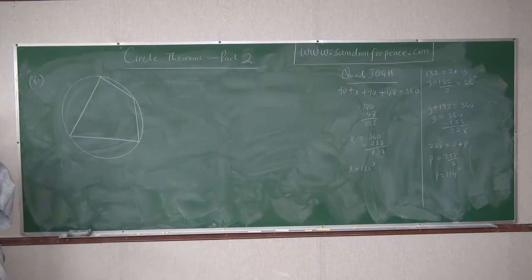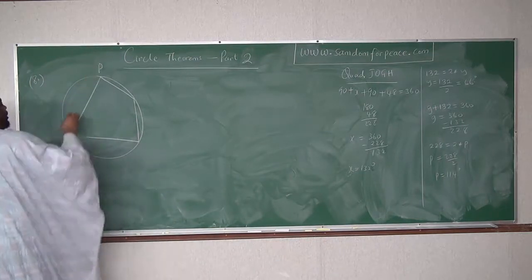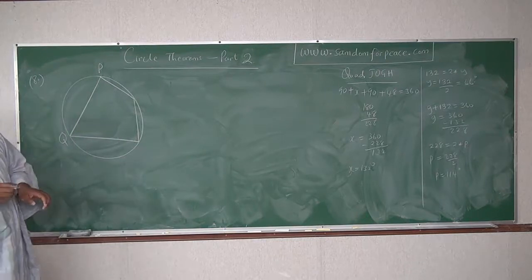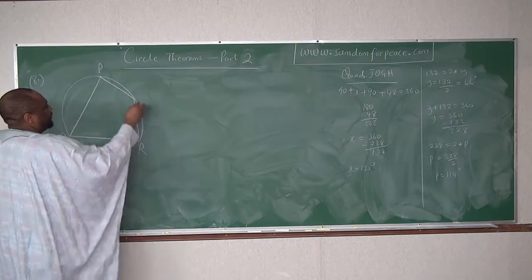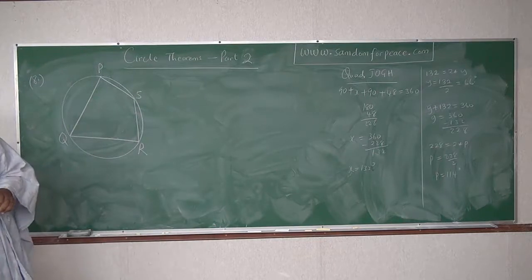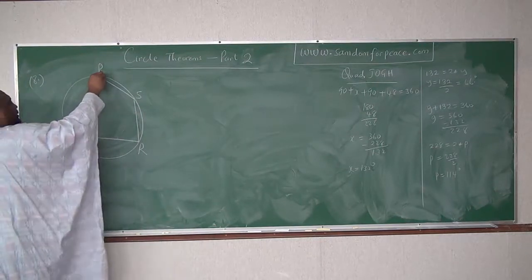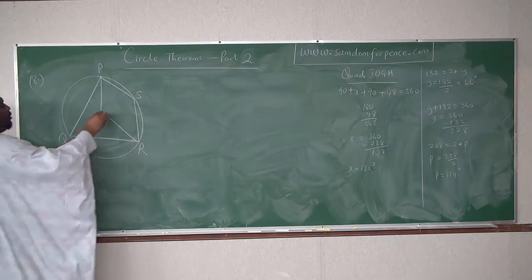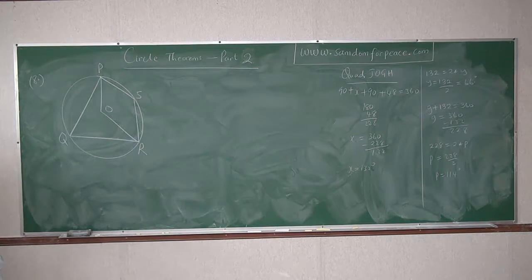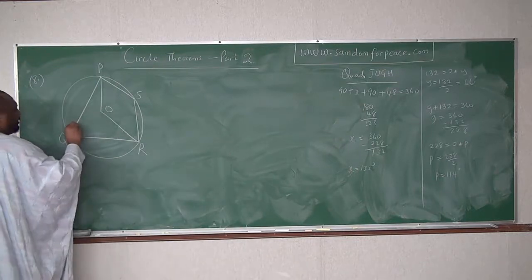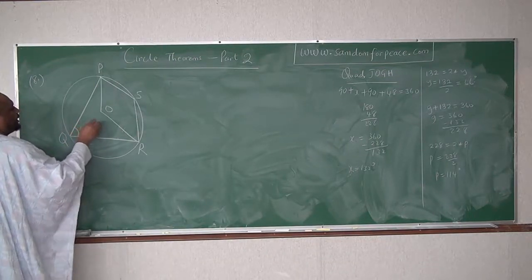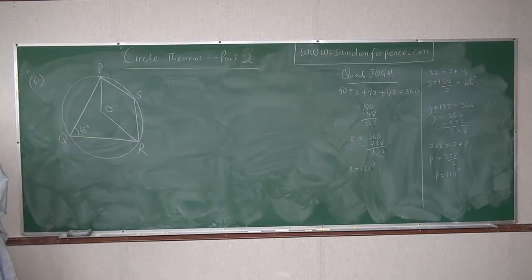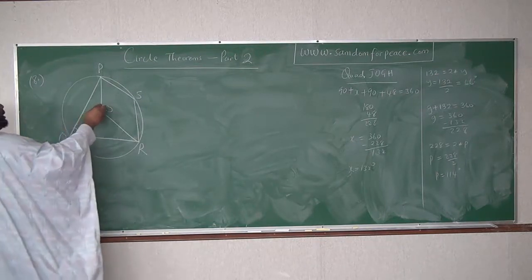So here PQRS, then we have center O. We have 65 degrees here, 65 degrees here, and then we have 20 degrees here.